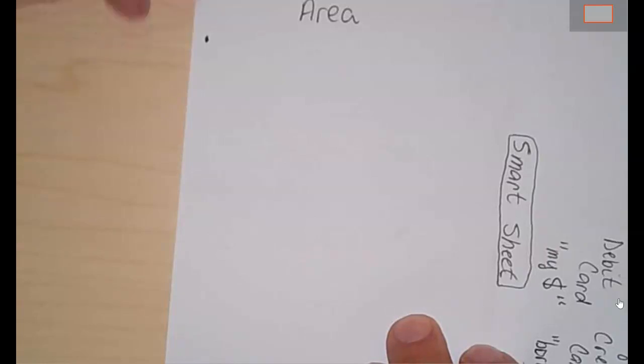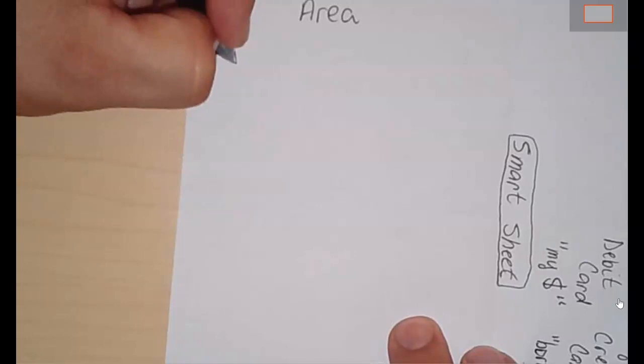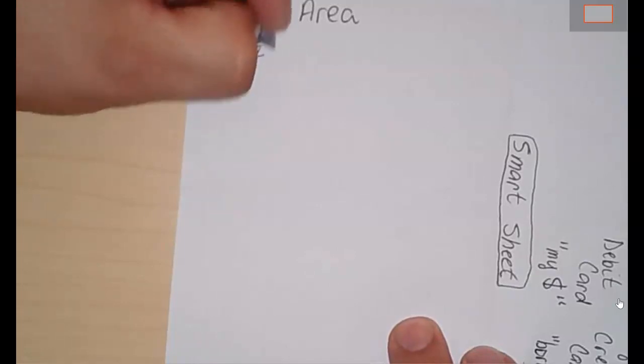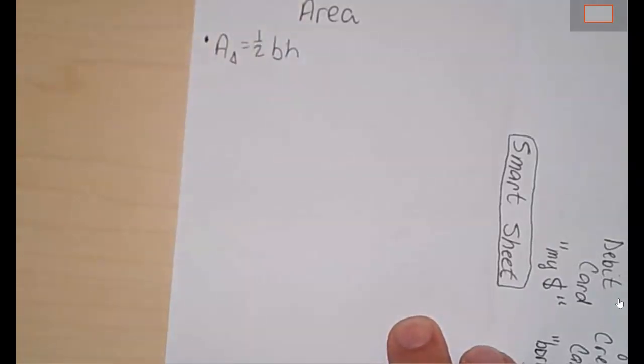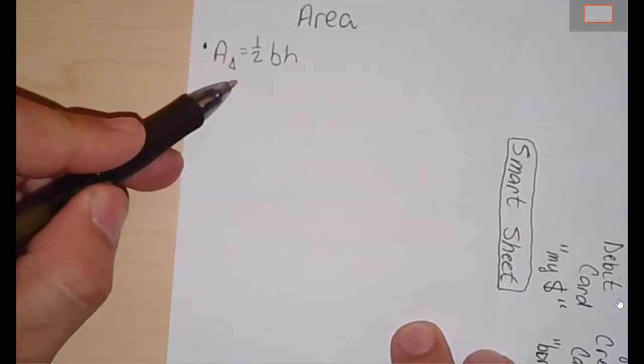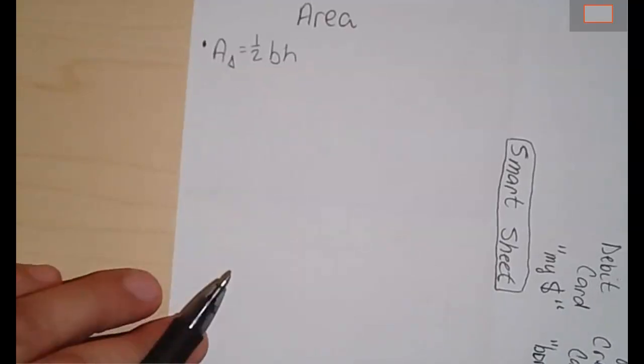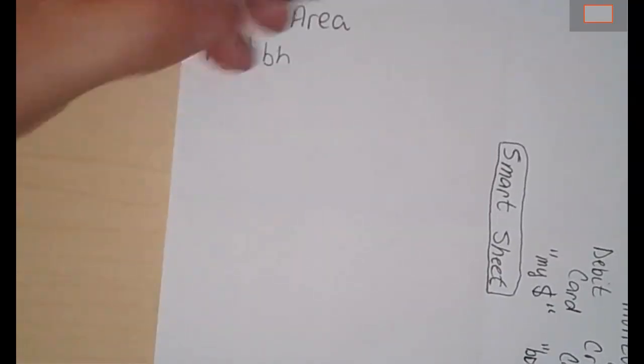We have area of a triangle equals half base times height. You don't have to remember that. That's in the formula sheet. Here's something important.